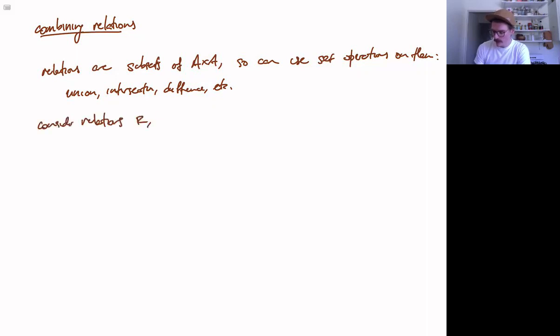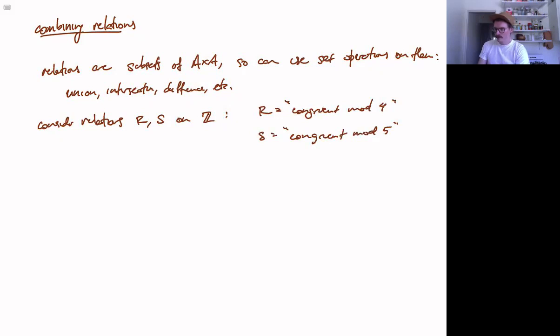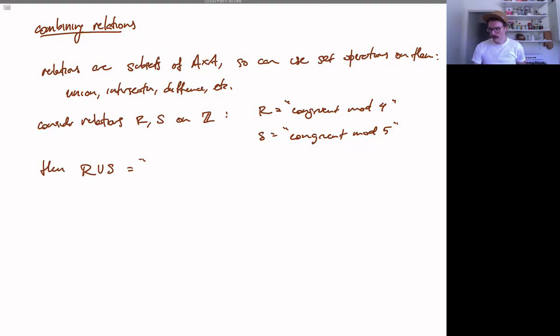So just to give a couple quick examples of these, let's consider relations R and S on the integers. R is congruent mod 4, and S is congruent mod 5. Then R union S, how can we express this in these terms?